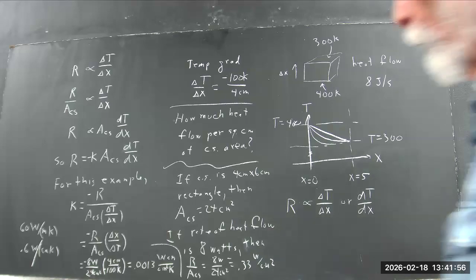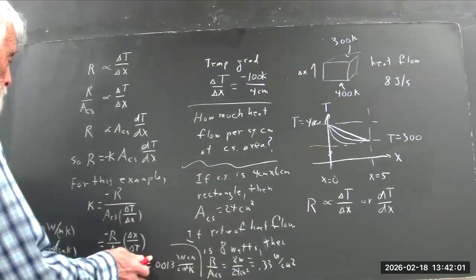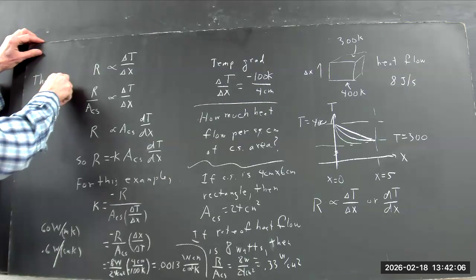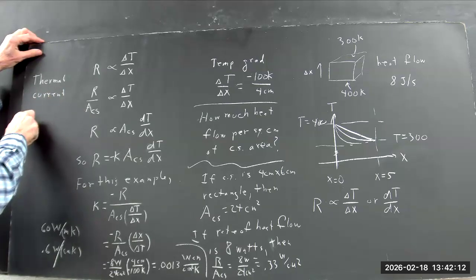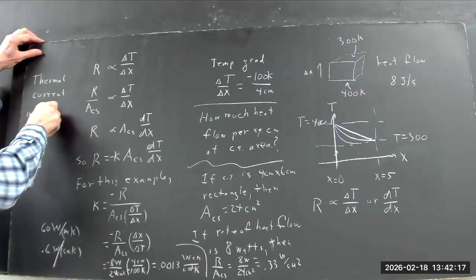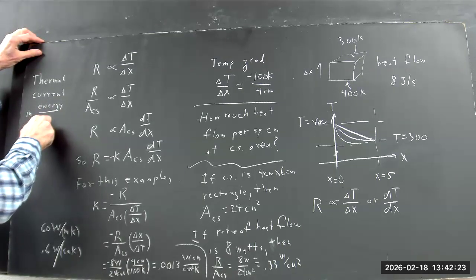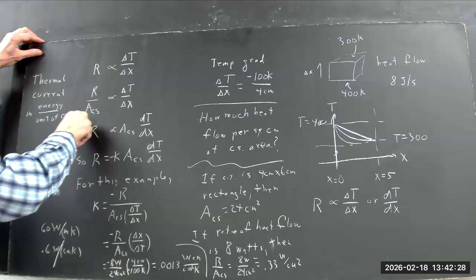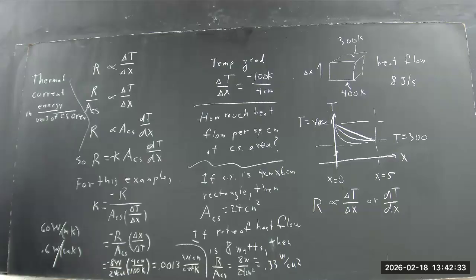Okay? So the thermal current is energy per unit of cross-sectional area.